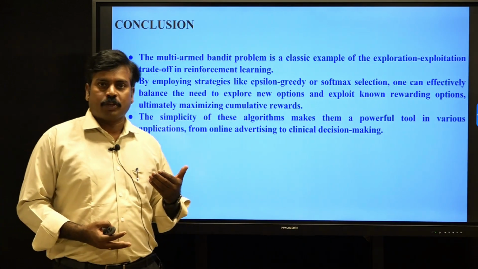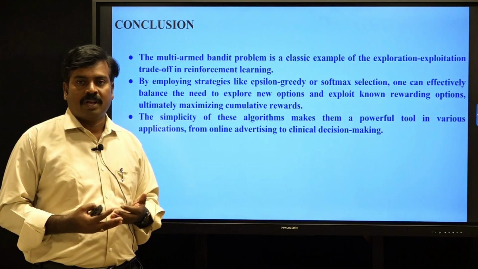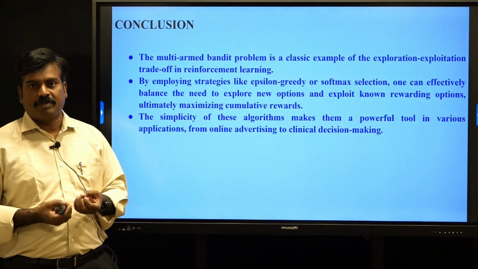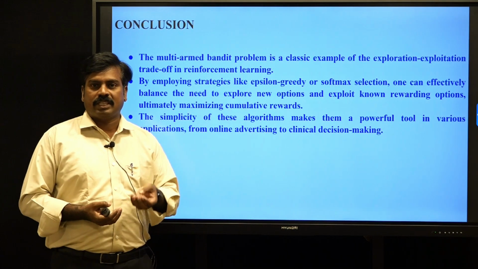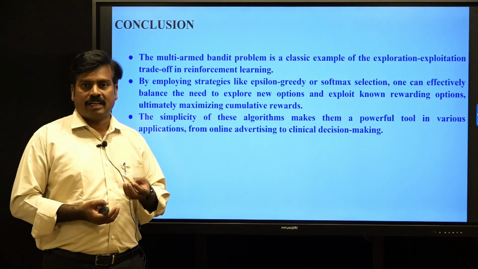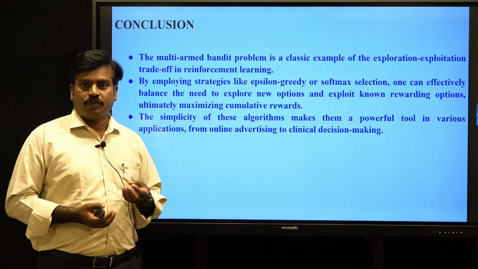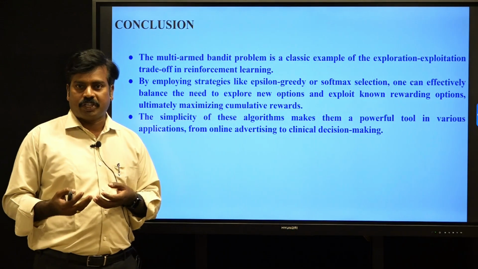In this lecture I explained what the multi-arm bandit problem is and what the key concepts in it are. The multi-arm bandit problem is the simplest reinforcement learning concept. It is used to make decisions under uncertainty. In this we use exploration and exploitation.